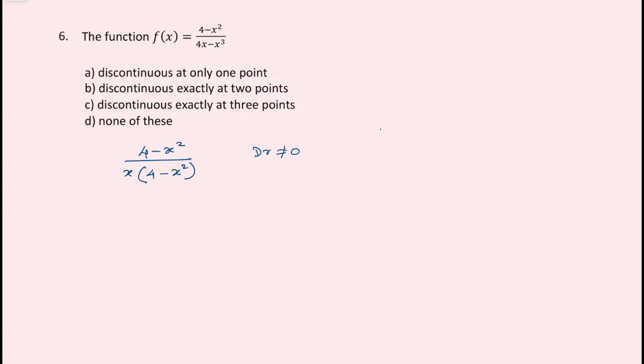For continuity, we know that the limit as x tends to some value a of f of x should be equal to f of a. F of a should be defined. Here, the denominator should not be 0. That is, x into (4 minus x squared) should not be 0. So x is not equal to 0 and 4 is not equal to x squared.